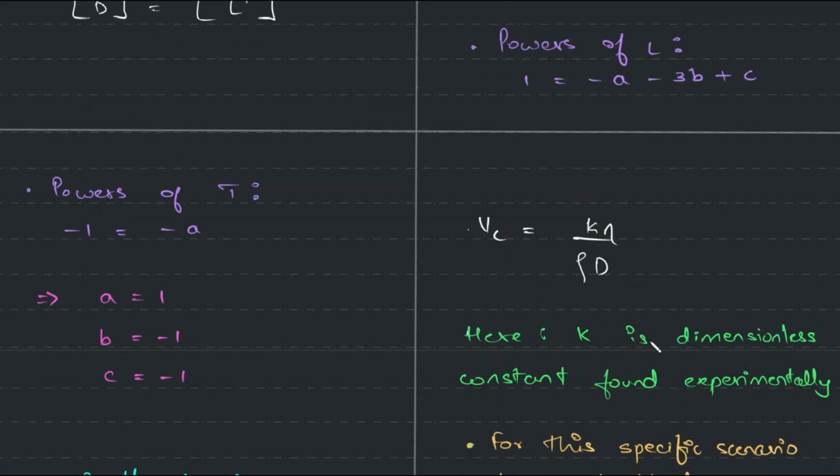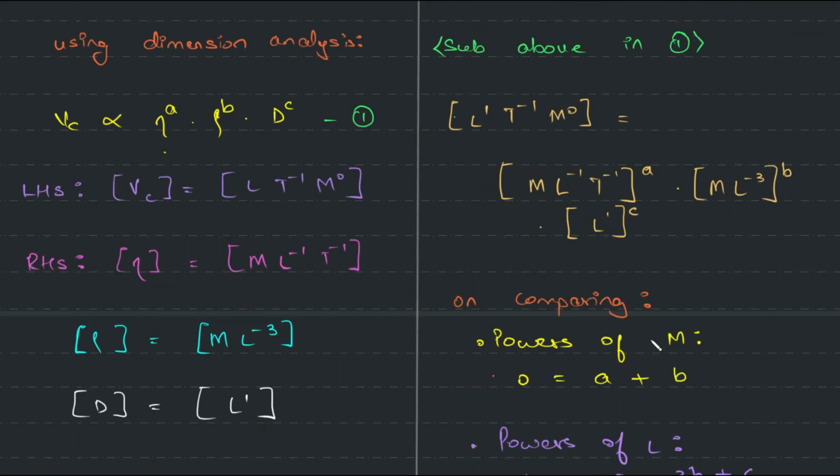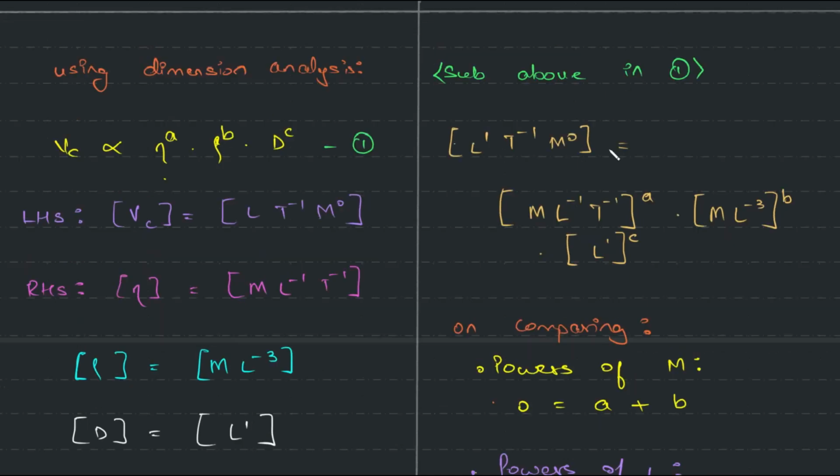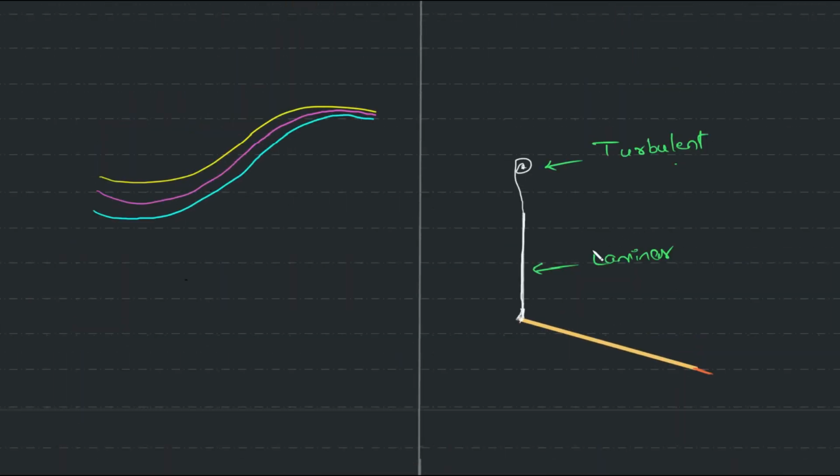Okay, so very simple derivation. What we're looking at is the idea of critical velocity. We have seen this laminar to critical velocity. Laminar is a steady flow, and post critical velocity it becomes turbulent.